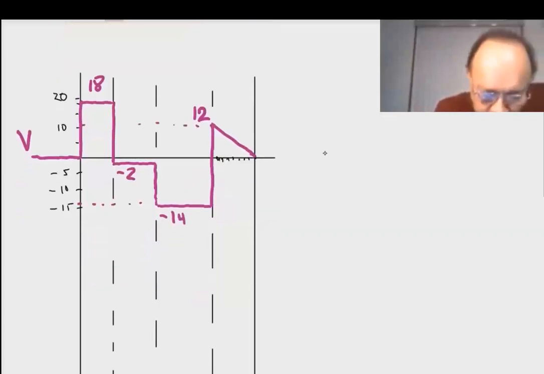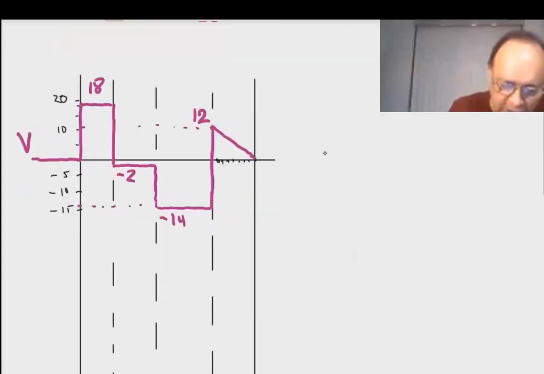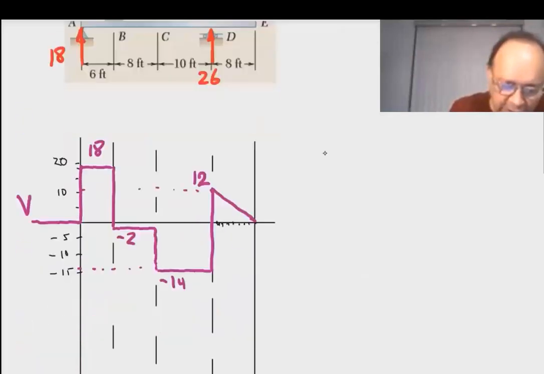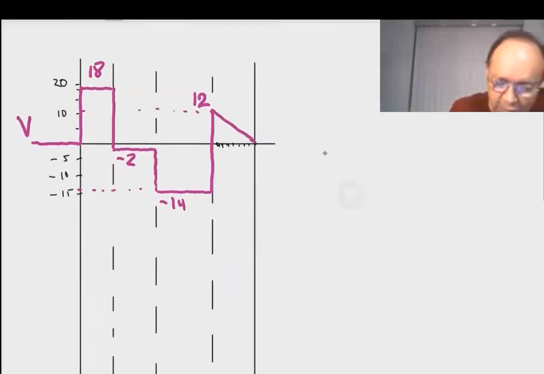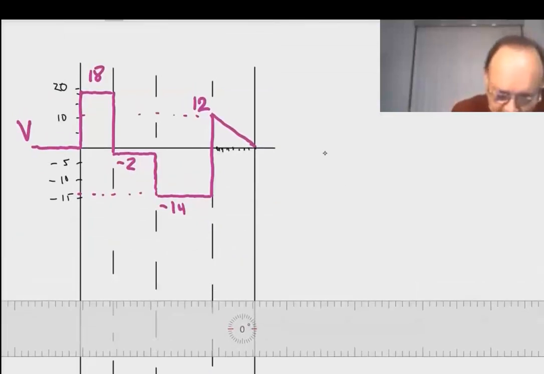It's going to be a little bit more complicated because of that inclined line over there, but not terrible. So we can hide the diagram up there because we only need the shear diagram in order to do the moment diagram.